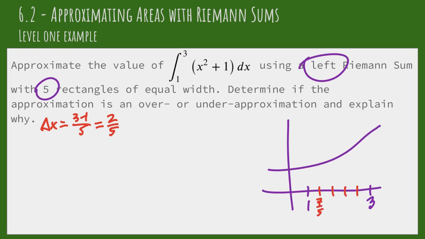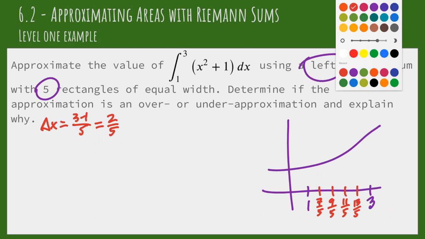And then plus another 2/5 is 9/5. Plus another 2/5 is 11/5. Then 13/5. And we add 2/5 one more time, we're going to get 15/5 or 3, which does get us to the right endpoint. So now moving 5 times by this delta x value, we get to the right endpoint. So the widths of each of these rectangles is going to be 2/5.